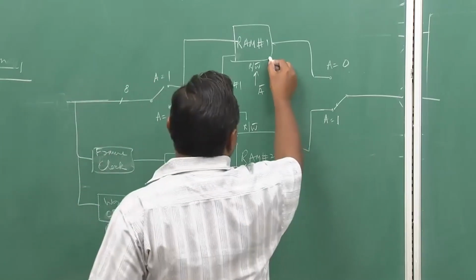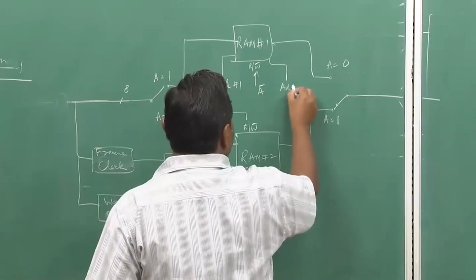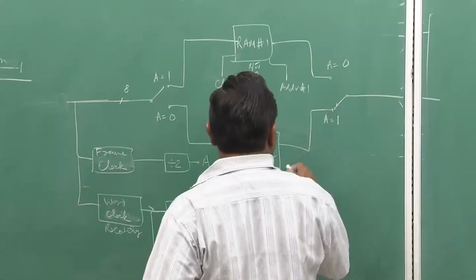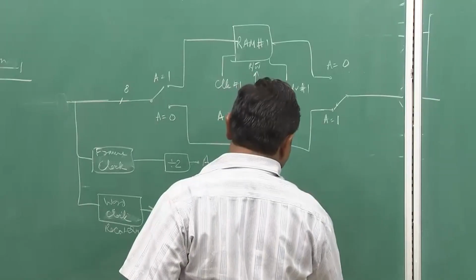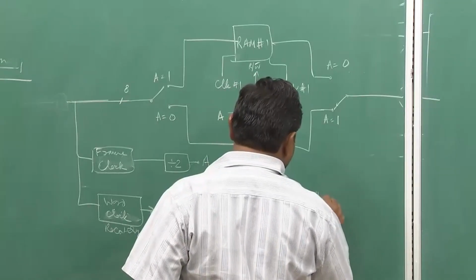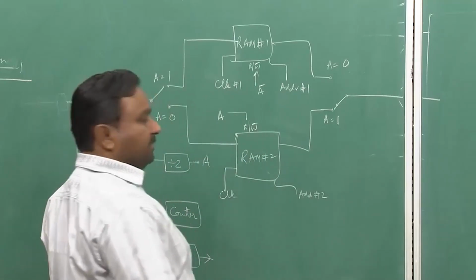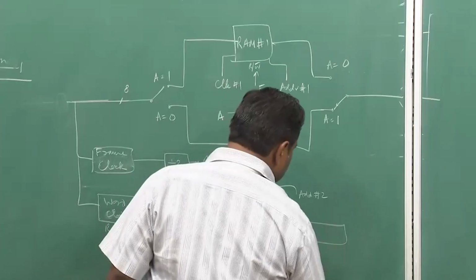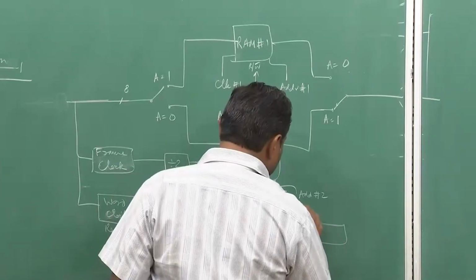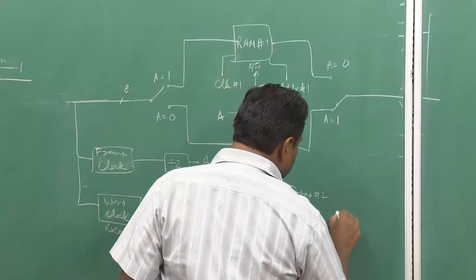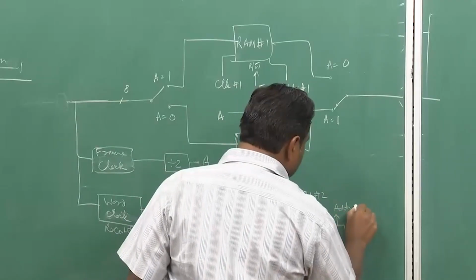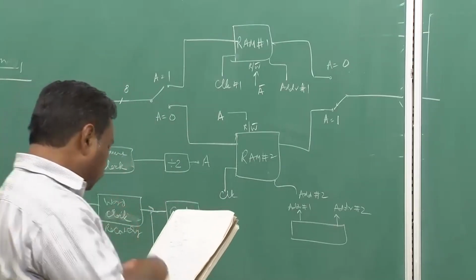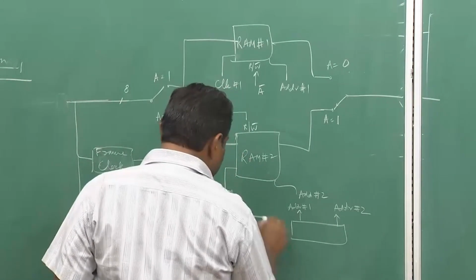Now I also need to give the address, so I have address 1, address 2, and I will have a mux which will have address 1 and address 2 as inputs and one output. So the counter will be coming all the way here.